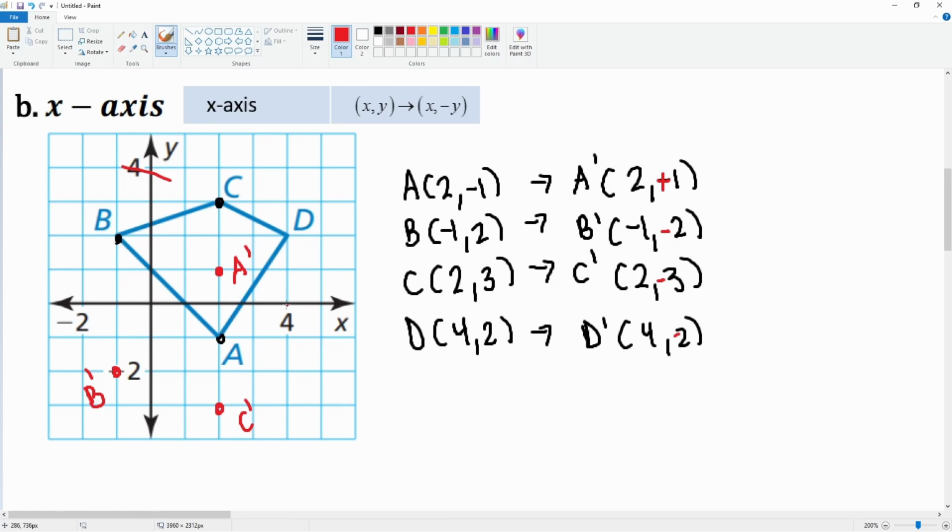And (4, -2), it is D prime. Now we can just connect these here, and here. Good. So that is what happens when you reflect it across the x-axis.